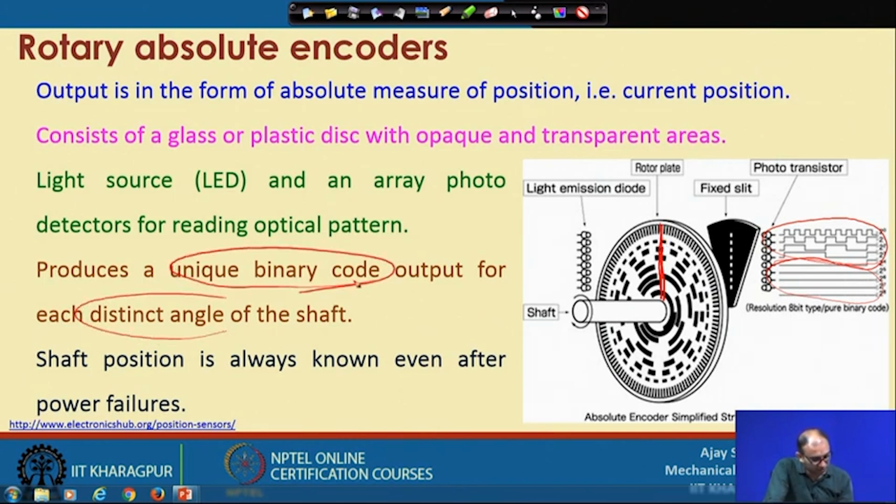If the binary code is unique, you will never miss that position. As soon as the power is switched on again after a failure, the encoder will tell you exactly where your position is. That was not possible in the earlier case, because if the Z was here, you had to move to that location and only then would it start counting the linear or rotary motion. So there was a lag with the incremental encoder, but this is an instantaneous motion detector, called the absolute encoder.